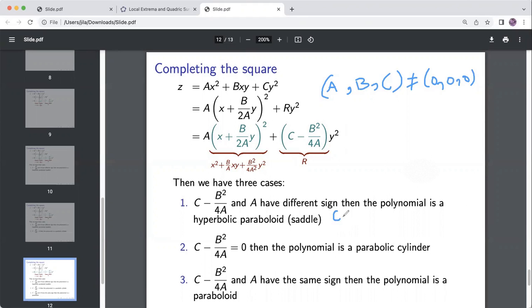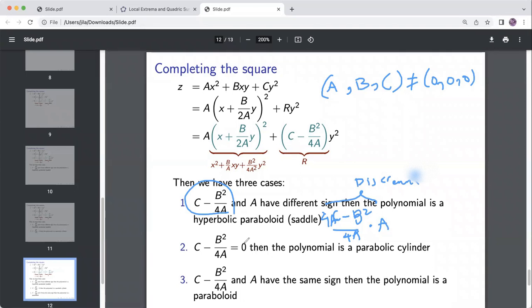Over here, if I have C minus B squared over 4A, which is this term, and I multiply that by A, it would be a negative value, and you can see that the top part is actually the discriminant. That actually tells you that the discriminant is going to be negative.